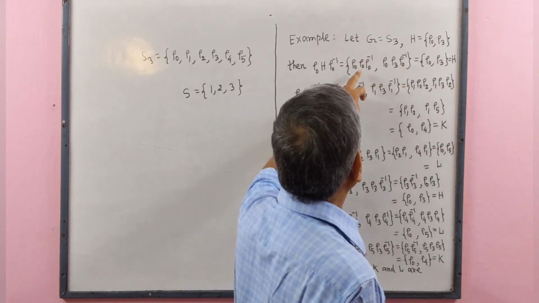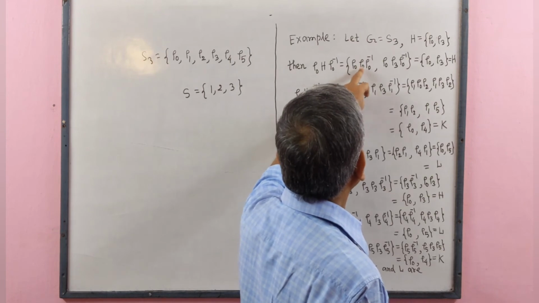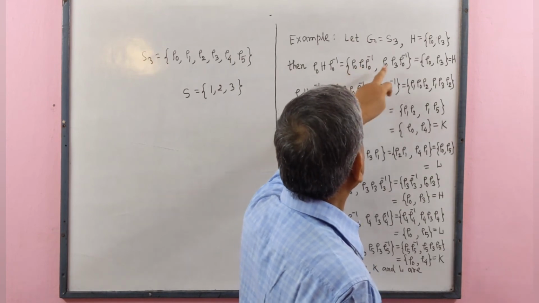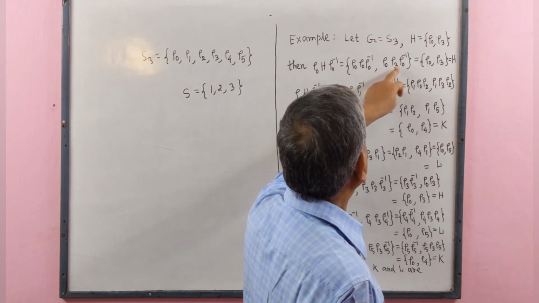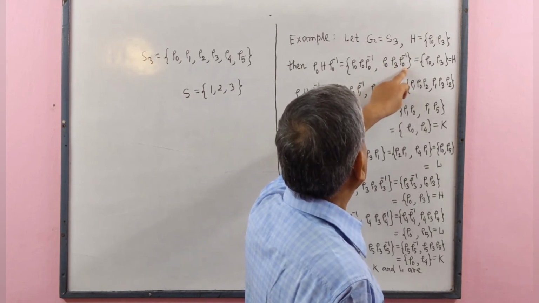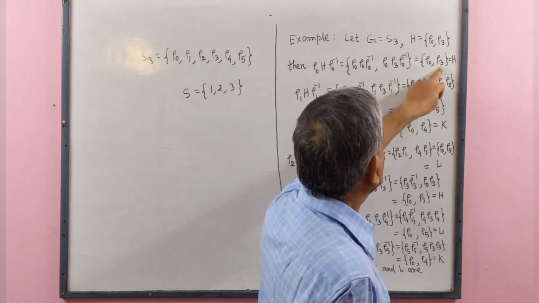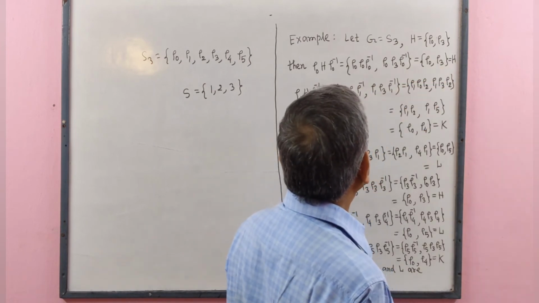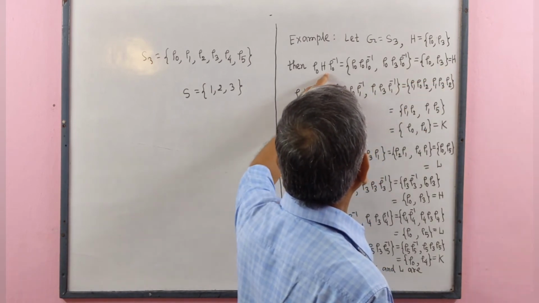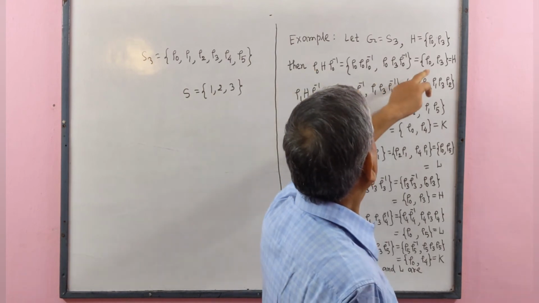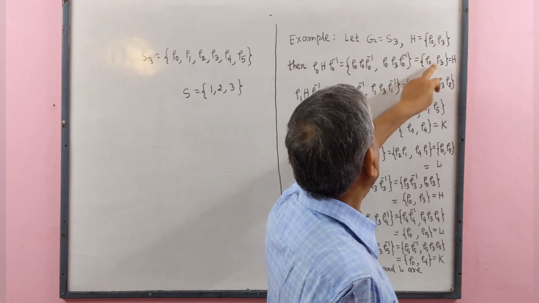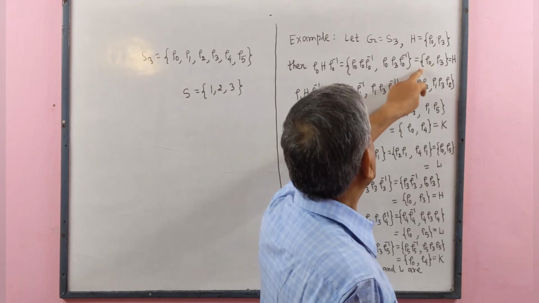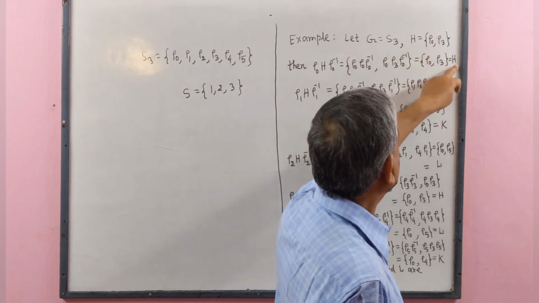So here we get ρ0 ρ0 ρ0, that is ρ0, and ρ0 ρ3 ρ0, that is ρ3. Therefore the conjugate of H with respect to ρ0 is a set containing elements ρ0 and ρ3, which is equal to H.